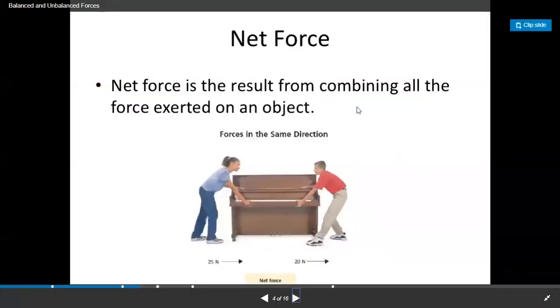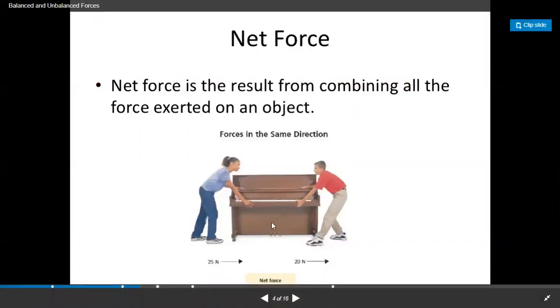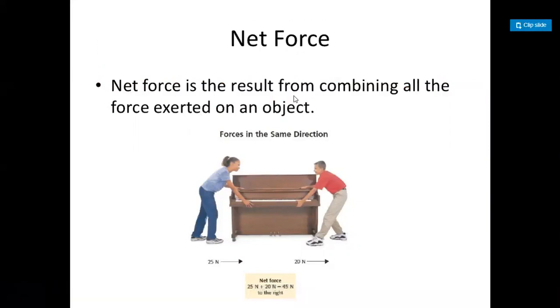Another example, this is an example of net force. Net force is the resultant force combining all the forces exerted on an object. Here, the boy and the girl are trying to move the piano in one direction. Forces in the same direction.